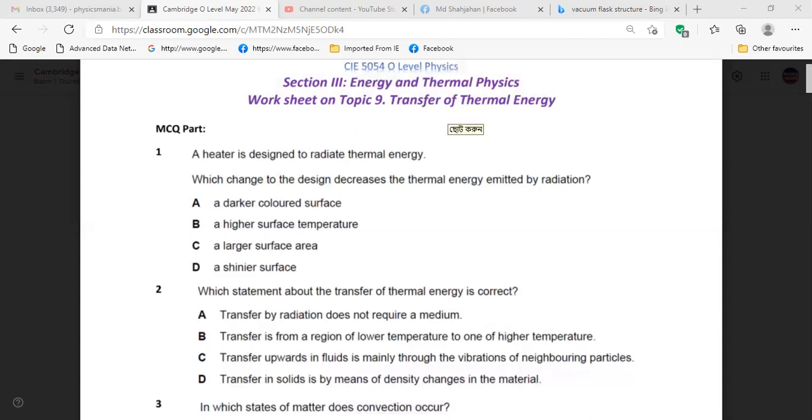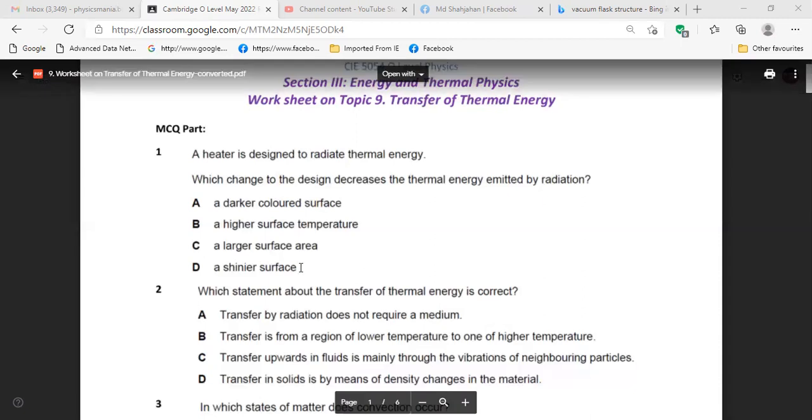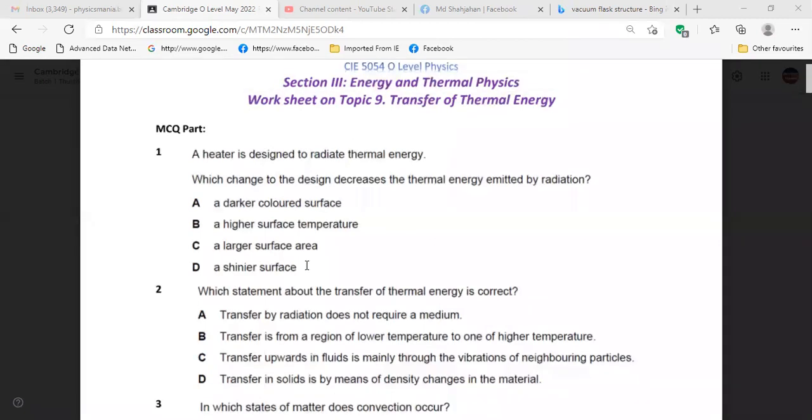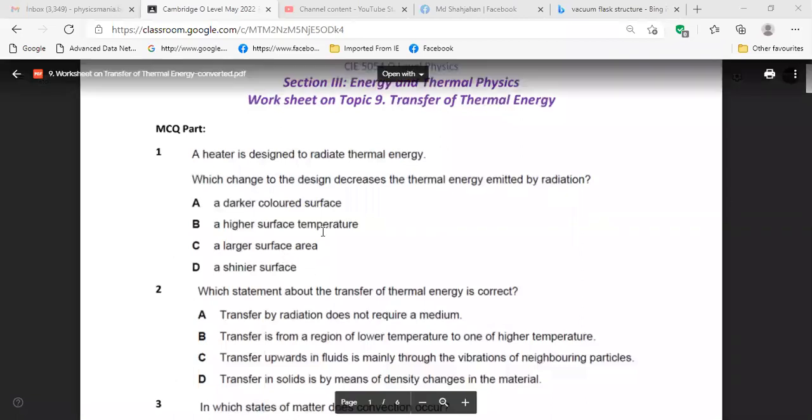I wanted you to get this worksheet printed. I think you all got it printed, right? If you have the notes printed, then write beside shinier surface, or you can write in your physics record copy: MCQ 1, the answer is D. And why is it D?